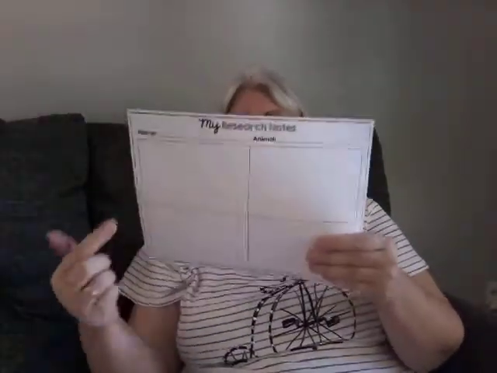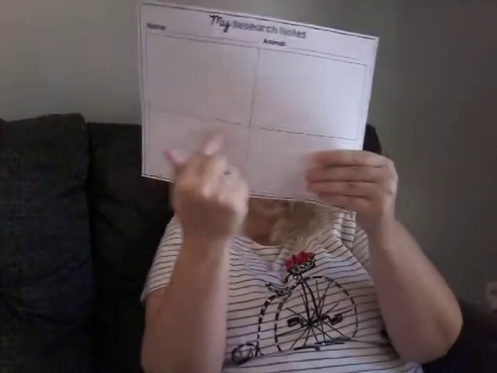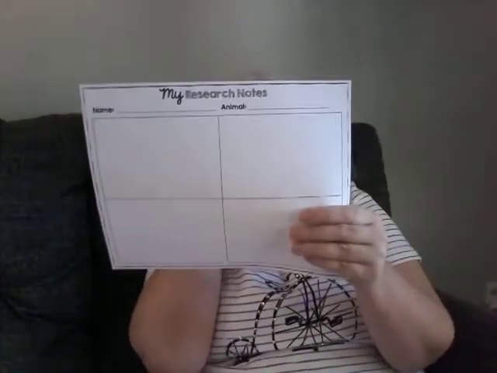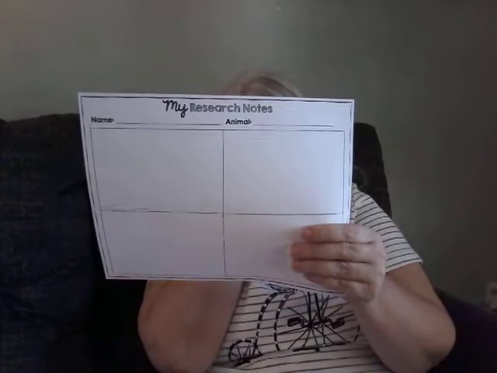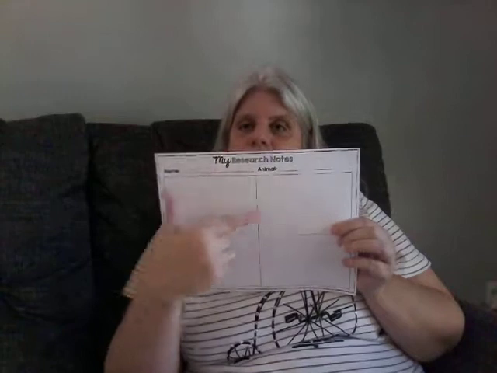Okay? So I gave you some sheets. They don't look exactly like this because I gave you the ones that actually have the names in the boxes. So you can print off as many as you want. I know there's one person for sure who doesn't have a printer, so you need to draw 4 boxes on a sheet of paper, put the labels on, and this is where you're going to take your notes. Make as many of these as you need, okay?